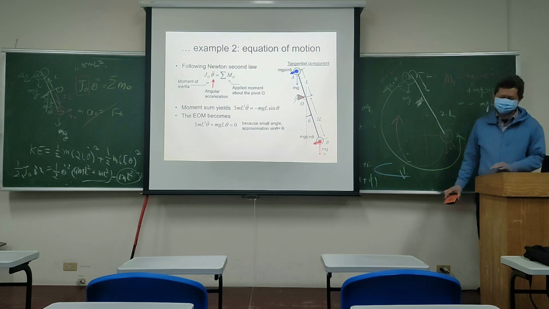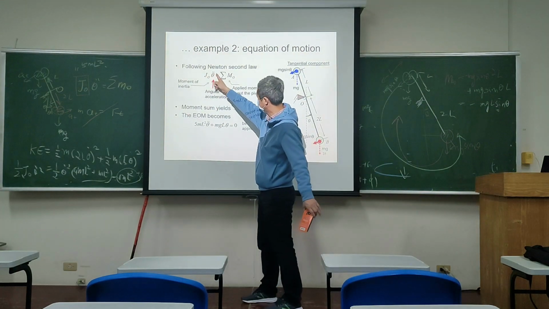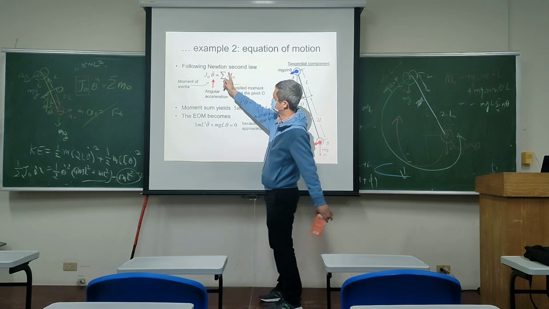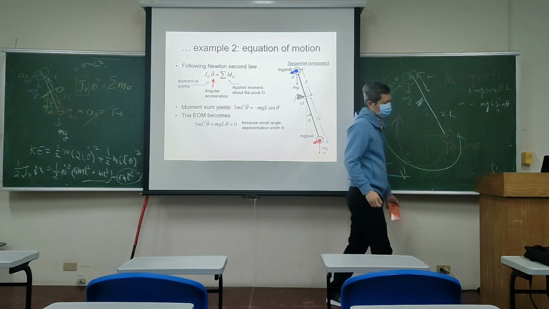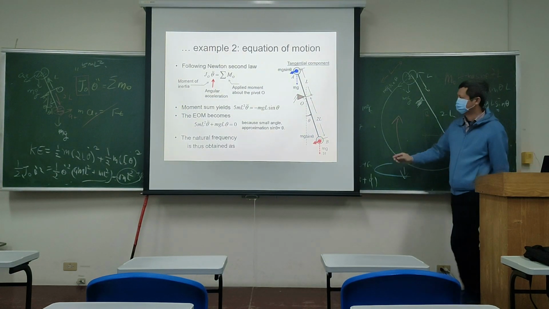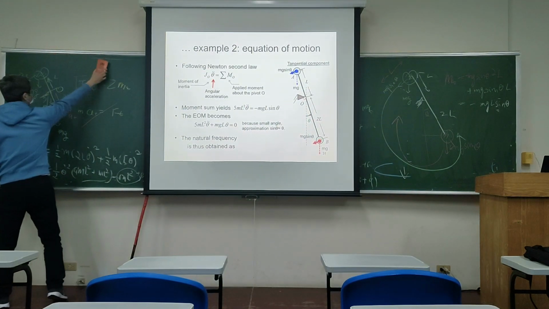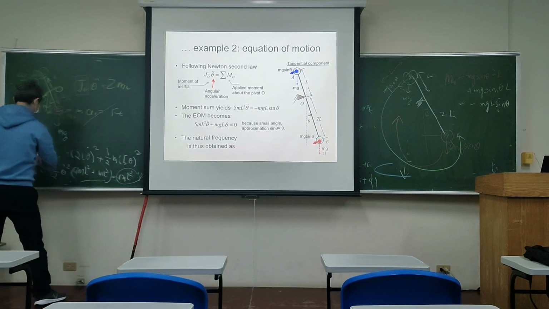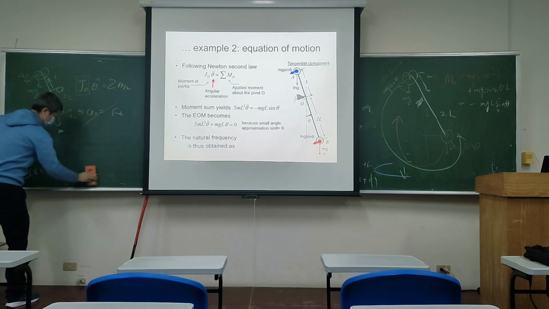And finally, upon substitution into the equations, you have 5 ml squared theta double dot equal to minus mgl theta. And upon solving, you can find the natural frequency. This time round, you can see how you write the frequency equation.